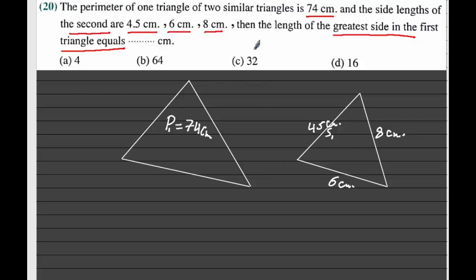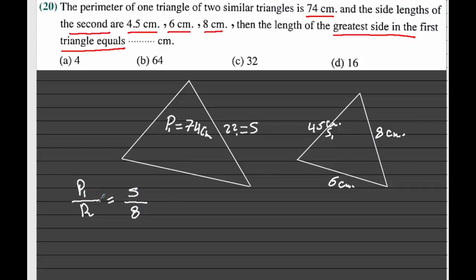Now the required is to find the length of the greatest side here in the first triangle. We know the relation is P1 over P2 equals, if this side is the third side, the required side S, it will be over 8.